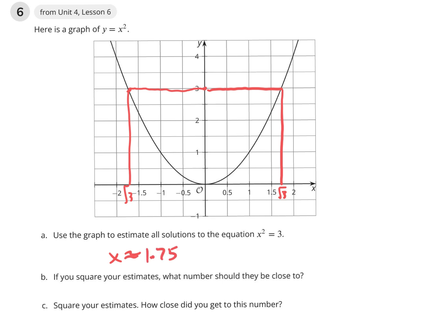If you square your estimates, they should be close to 3, because x equals the square root of 3.